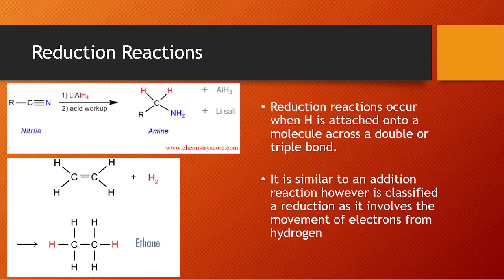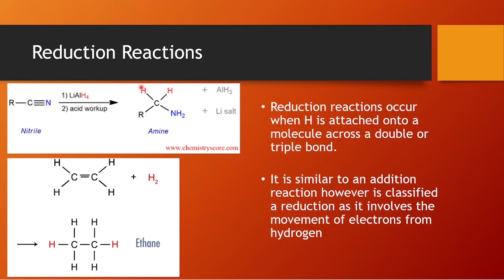Reduction reactions. Reduction reactions occur when an H is attached onto a molecule across a double or triple bond. It is similar to an addition reaction, however classified as reduction, as it involves the movement of electrons from hydrogen. So if you are doing an addition reaction with just hydrogen, it can also be recognized as a reduction reaction. In this case here, this is some sort of lithium salt, lithium aluminium hydride, something like that.